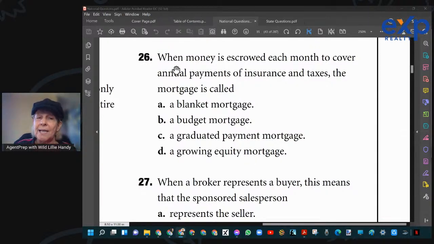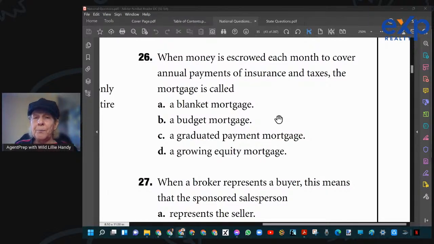However, the question says when money is escrowed, what is that money for? What kind of loan does that escrow account attach to? Each month a portion of the taxes and insurance is taken from the monthly payment and put into that little escrow savings account, budget account. It's a budget mortgage because not every loan is going to require an escrow account to take care of insurance and taxes.